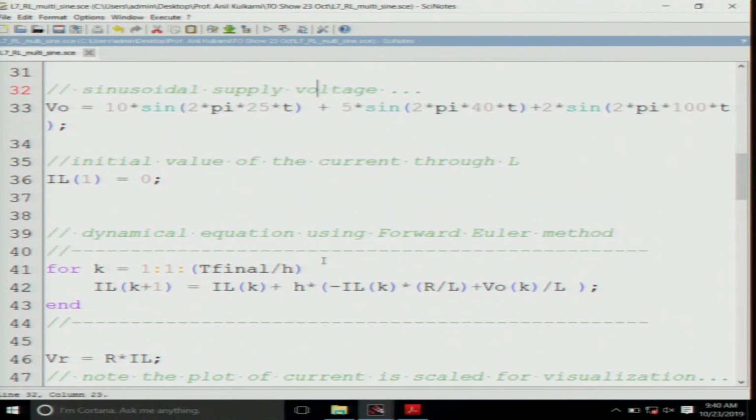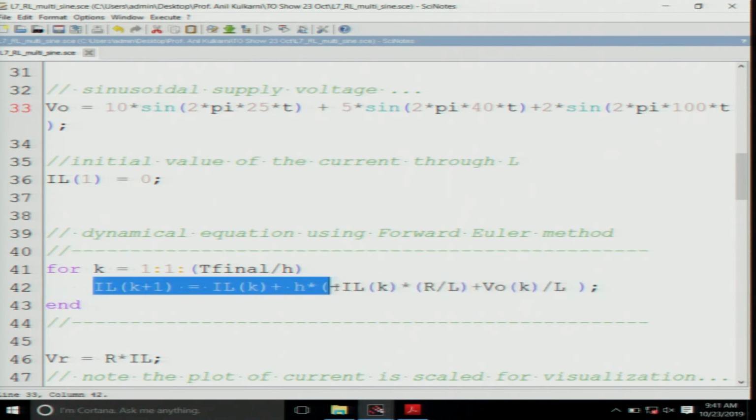One of the important things is the input we are going to give. Could you mark it on the figure there? You have got 25 highlighted there, there is 25 hertz, 40 hertz and 100 hertz. So I am going to give these 3 frequencies in the input, and the magnitudes of them are 10, 5 and 2, and I am going to numerically integrate.